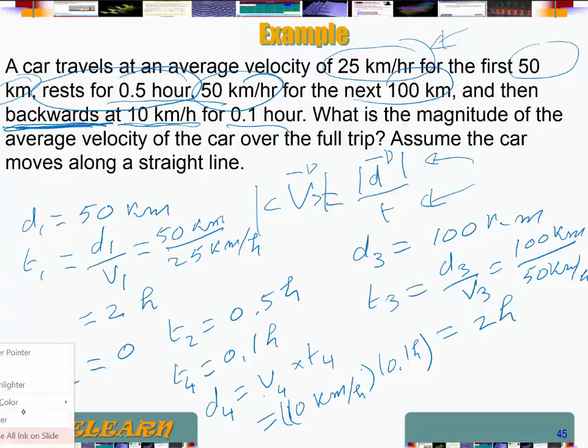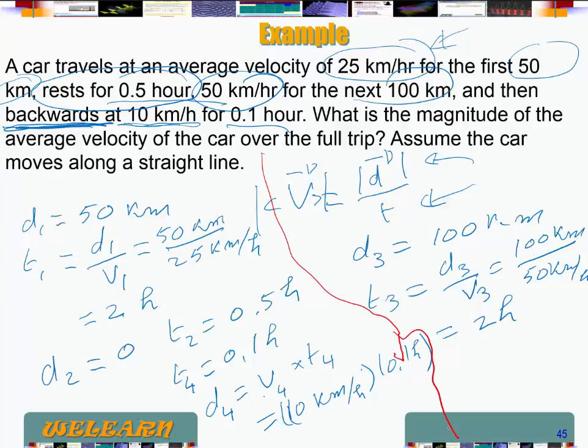Okay, so that gives us 10 times 0.1 is 1, so D4 is 1 kilometer. Now that's the magnitude of D4. Magnitude of D4 is 1 kilometer. D4 is actually, since it's in the opposite direction, minus 1 kilometer.